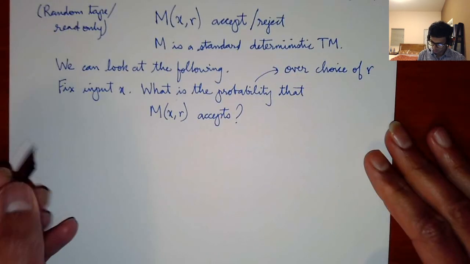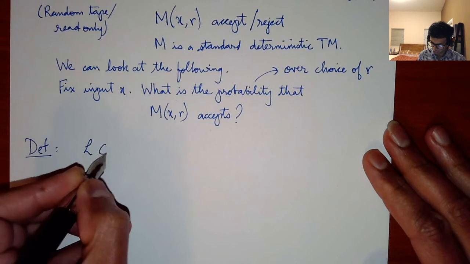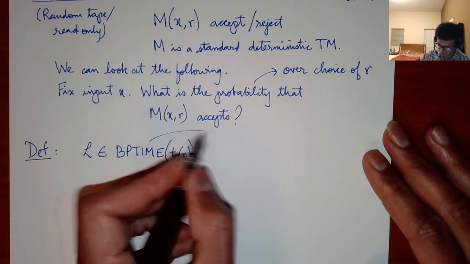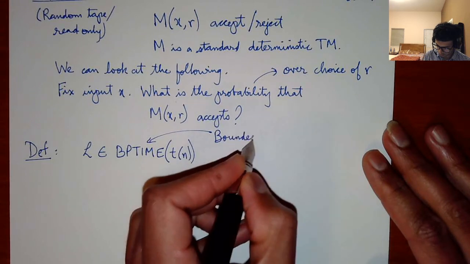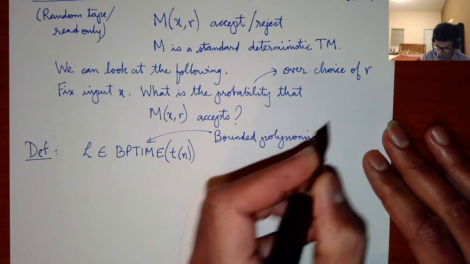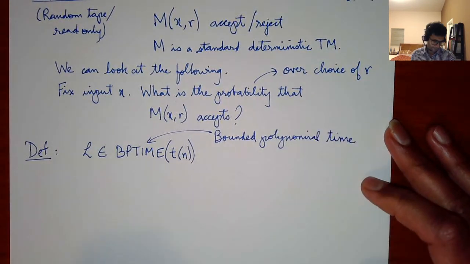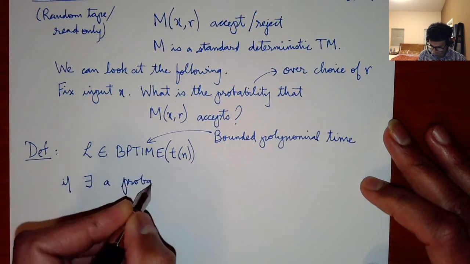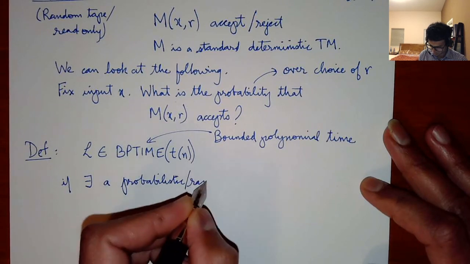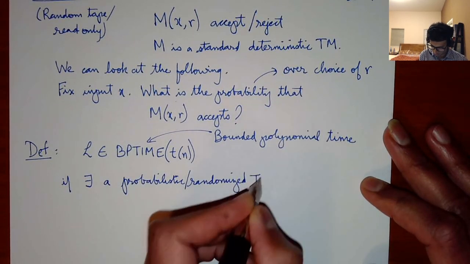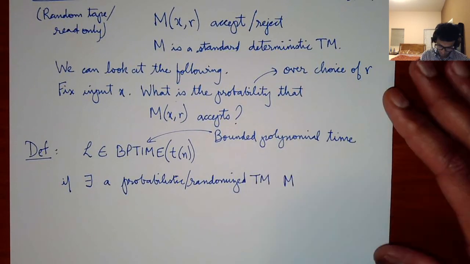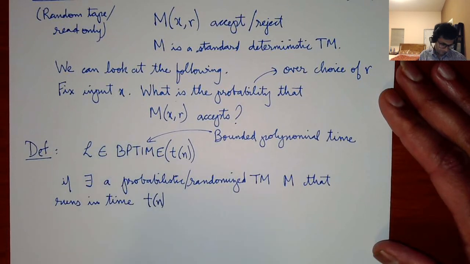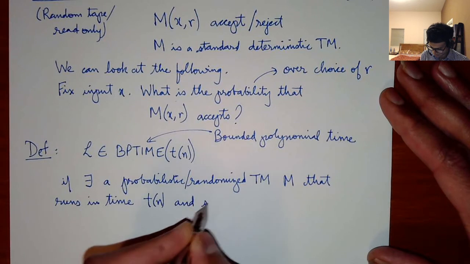I'm going to define now: a language L is in BPTIME(T(n)), where BP stands for bounded error probabilistic, if there exists a probabilistic Turing machine M, which I will also refer to as a randomized Turing machine, that runs in time T(n) and satisfies the following.